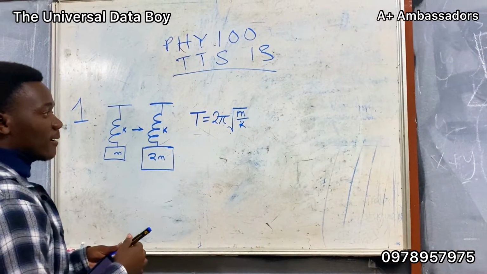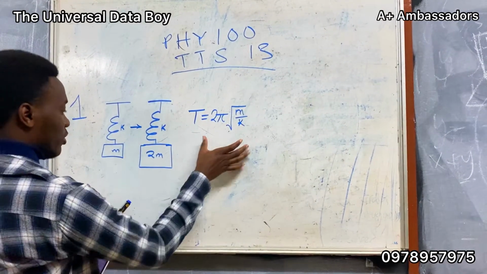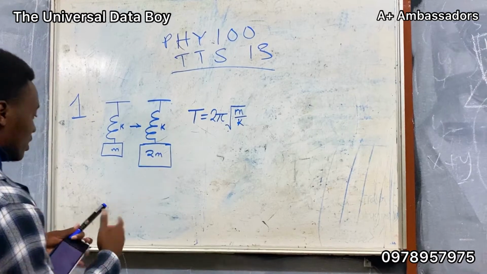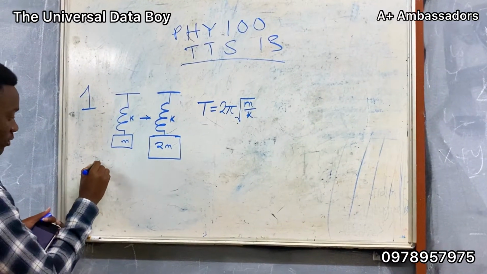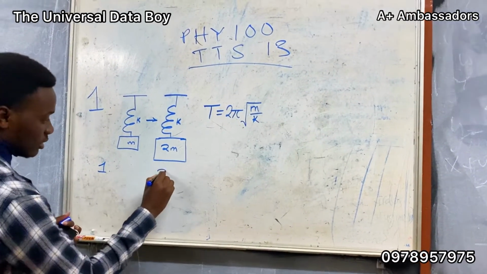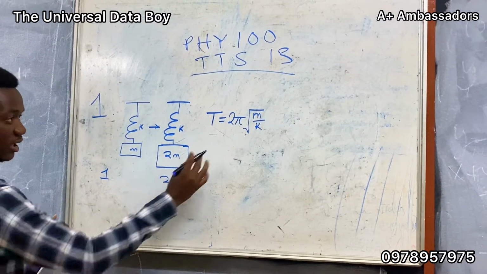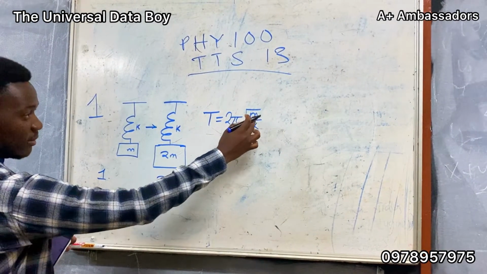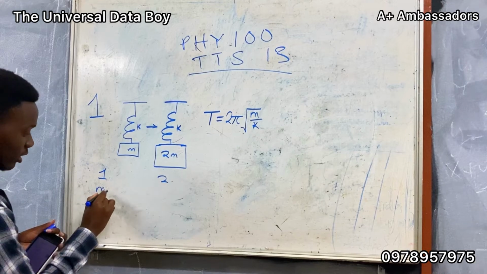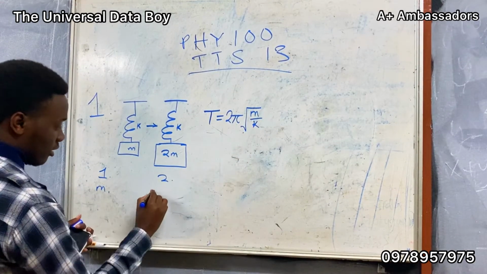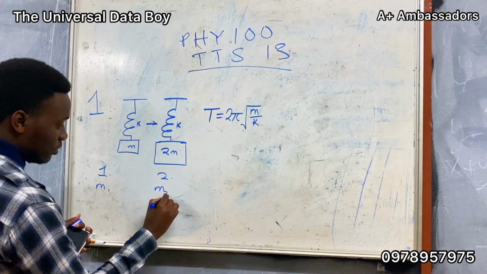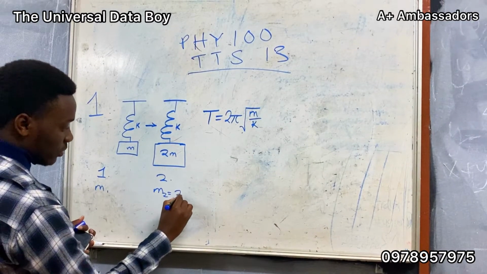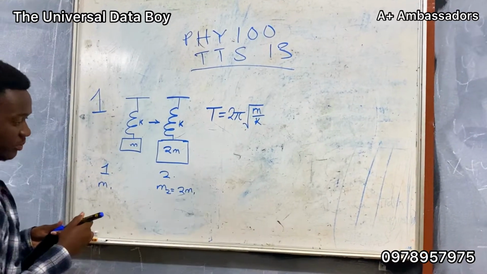Here we are going to have two situations: situation 1 and situation 2. In situation 1, our 2 pi is a constant, but then we have m1, and here I've got m2, which is equal to 2m1.